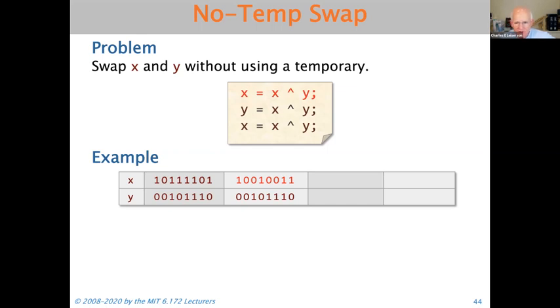From left to right in the first column of bits, we have 1 and 0, that's different. 0, 0, that's the same, different, same, different, different. In terms of bits, that's 10011. So that's keeping track of where x differs from y. The old value of x is clobbered.